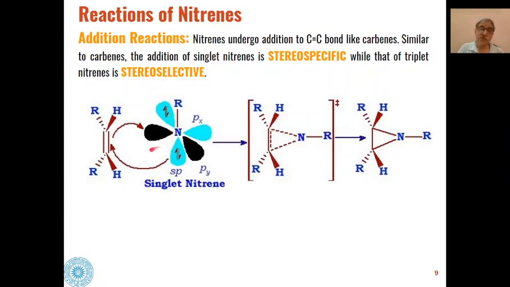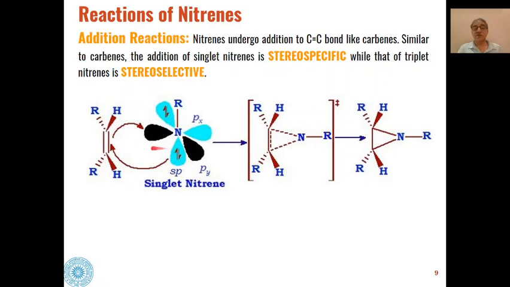Because the pi bond of the double bond also has two electrons with opposite spins, these will interact with the opposite spins of the electrons present in the nitrene, and a transition state is formed where the nitrogen is bound to both the carbons.